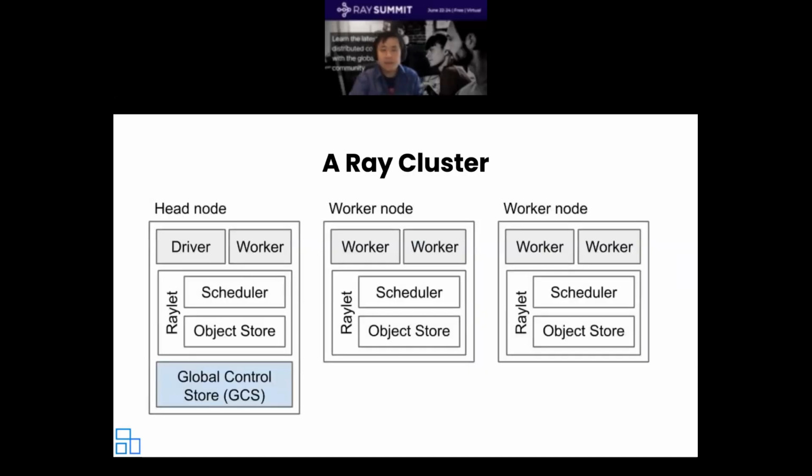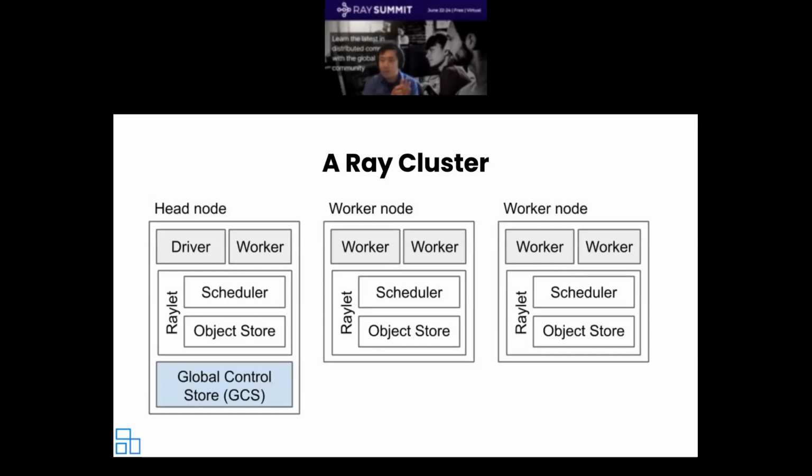Now let me dive a little bit deeper and talk about the different components in a typical Ray cluster. Every Ray cluster is composed of a collection of Ray nodes, and every node runs different processes. There's a special process called the raylet. The raylet controls other processes on the Ray node.